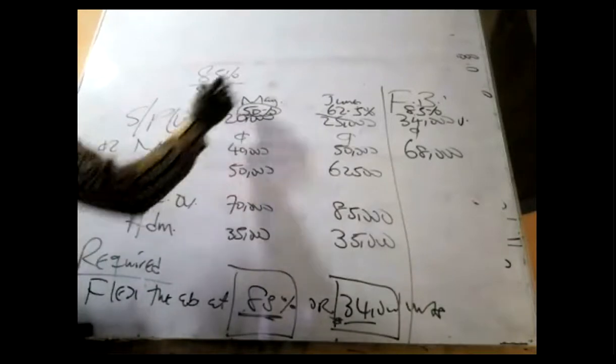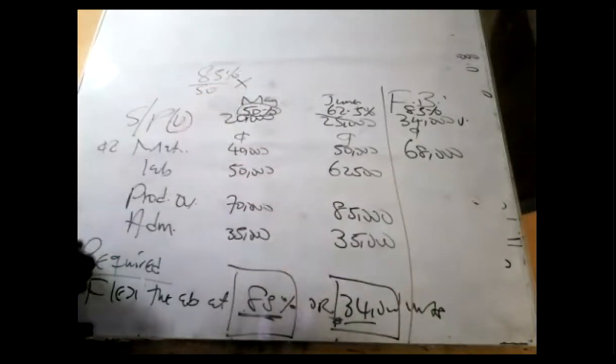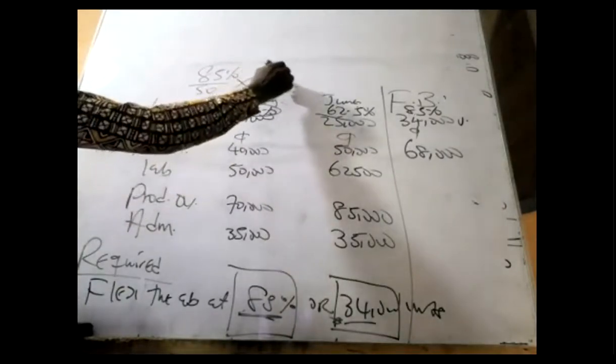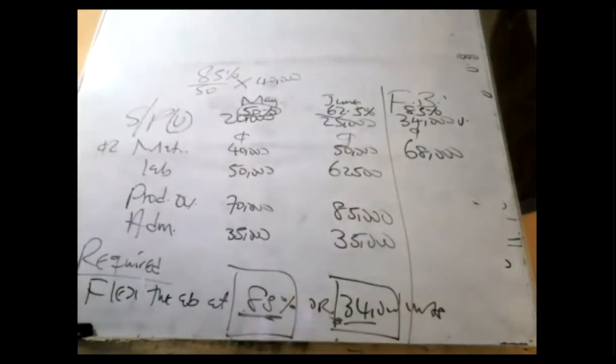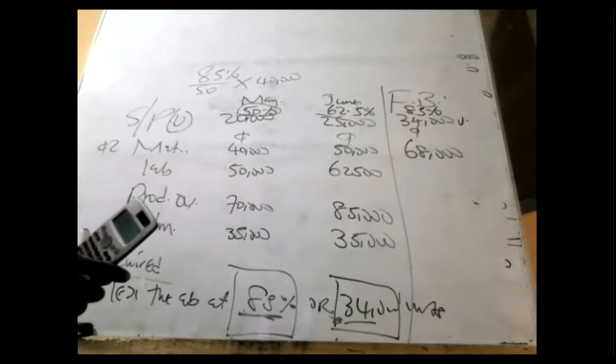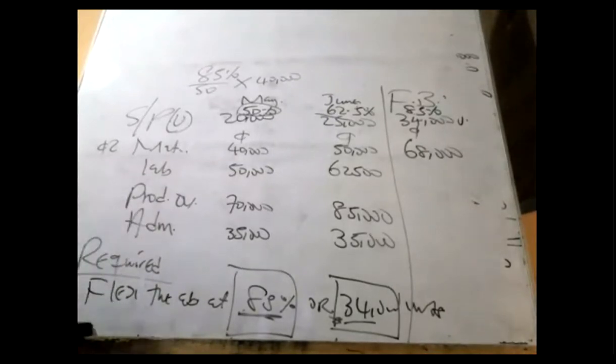Divide by 50 times the 50% value, the amount, 40,000, right? Let's take our calculator. 85 divided by 50 times 40,000. That gives us 68,000 exactly.